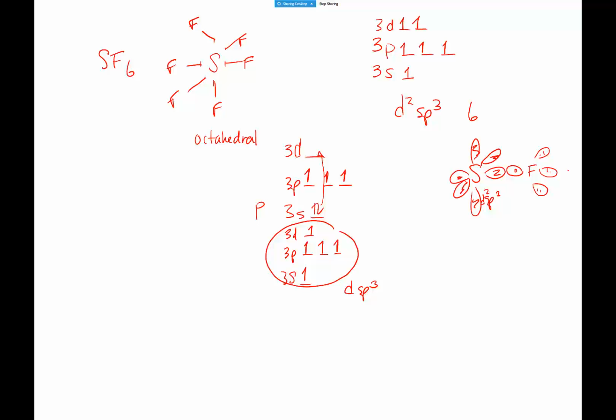And so if I put 5 more fluorines around there, that would be SF6. So that's where the expanded octet comes from. That's how we can draw an orbital picture of the molecules.